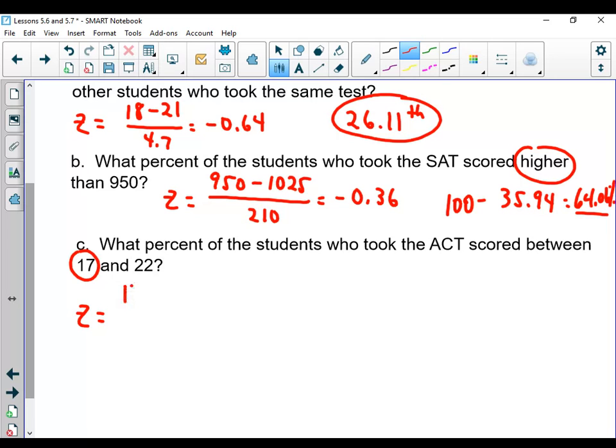So I'm going to take the 17 minus the 21, divide by 4.7. Get negative 0.85.